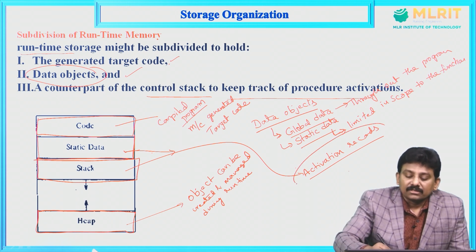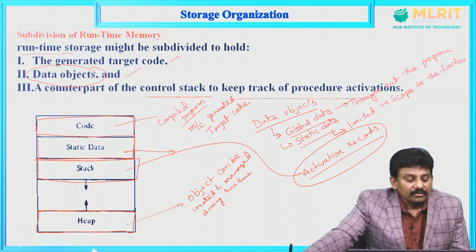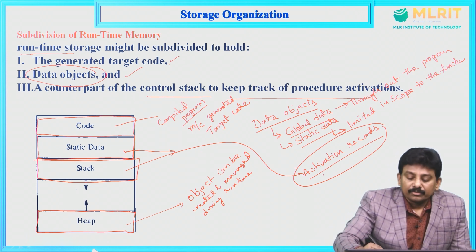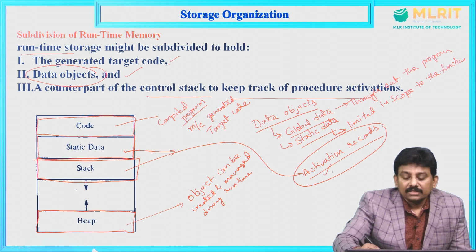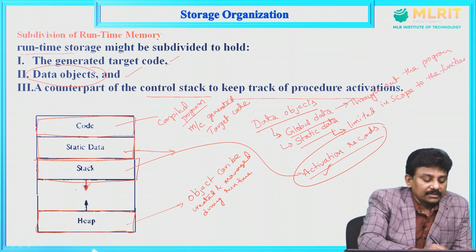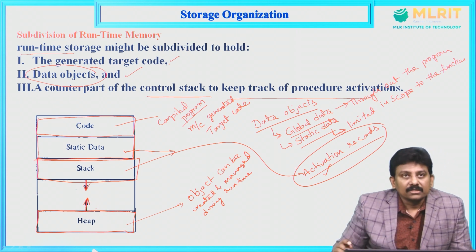This activation record will contain information about formal parameters, actual parameters, return address, and so on. Whenever a procedure is called, the activation record is created and pushed onto the control stack. Also, an important thing: the stack and heap grow in opposite directions.